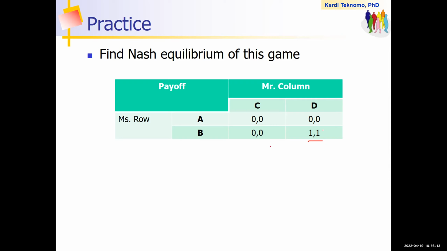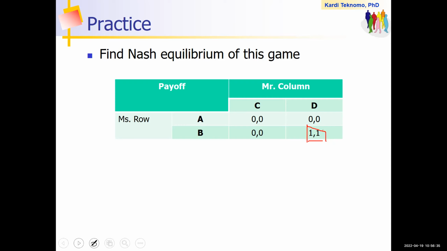How about Mr. Column? Now, Mr. Column will play C. What will Miss Row do? Cannot decide between 0 and 0. And if Mr. Column plays D, what will Miss Row do? Of course, will do this one also, right?